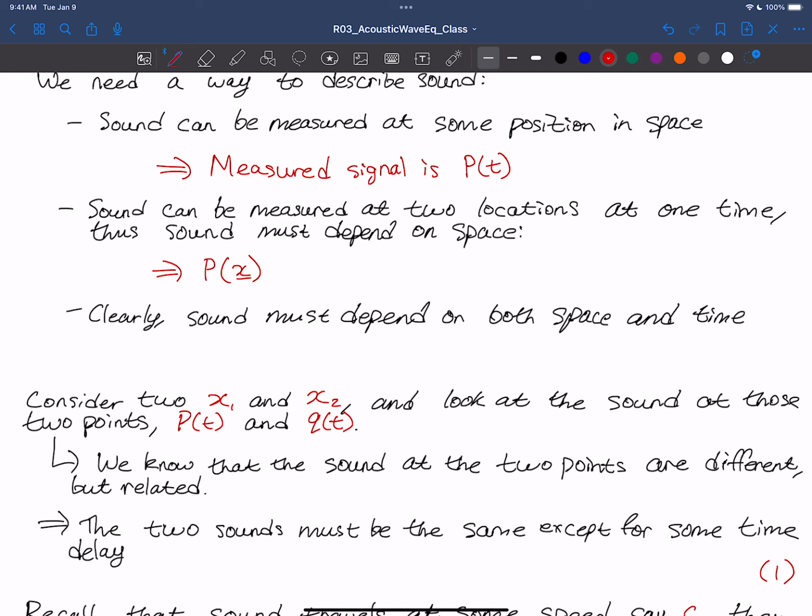And in this case, x is actually a vector in R3. This R here, this script R, is the set of all real numbers. And when we put a 3 in the superscript, that means that we're looking at a three-dimensional vector. So we're talking about a pressure measurement taken in three-dimensional space.